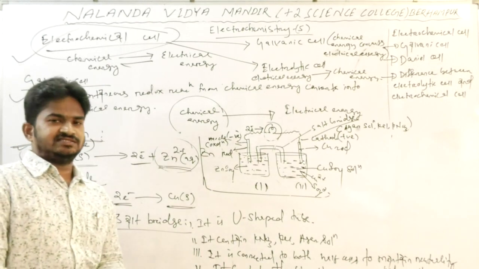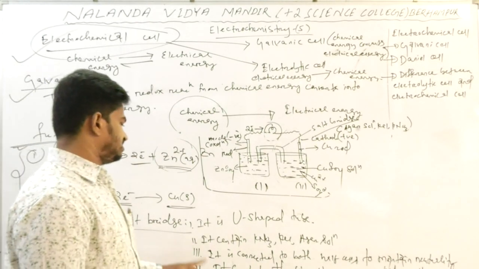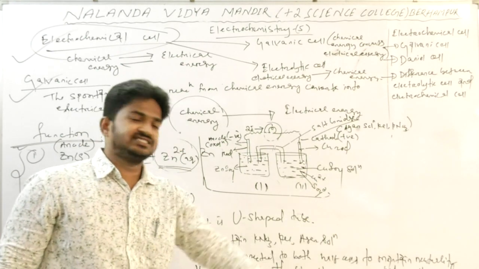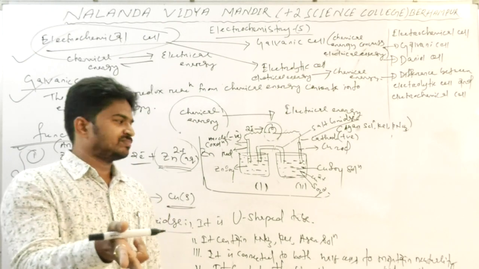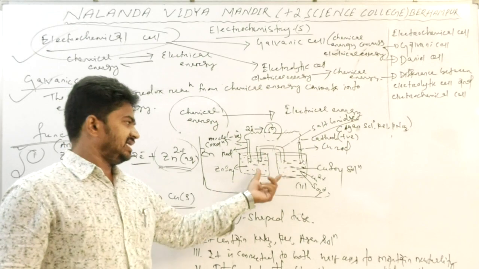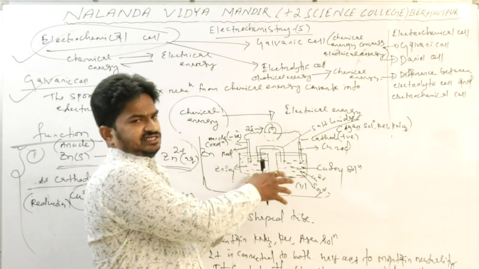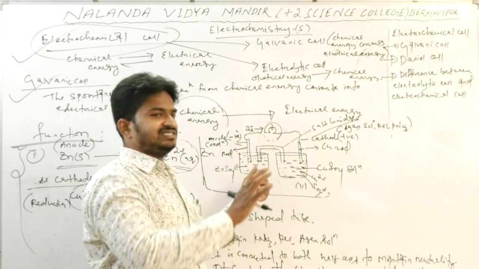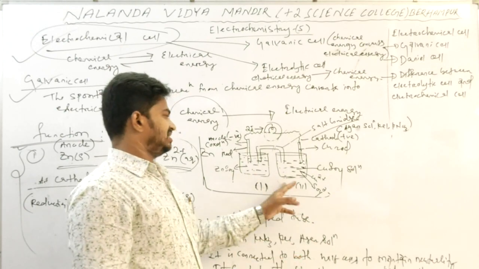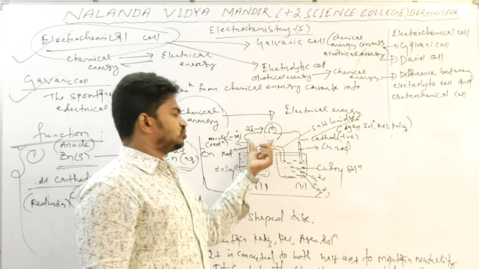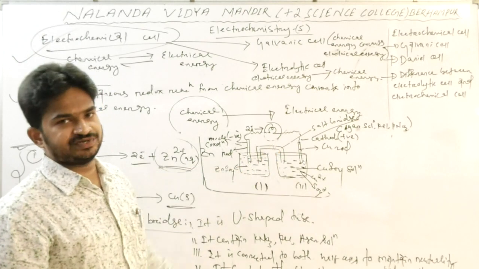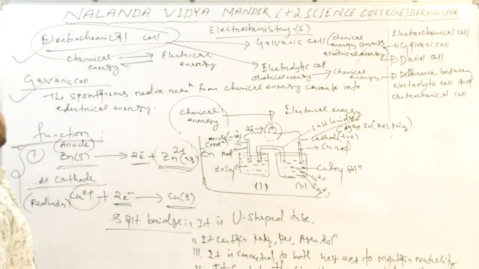The main use of the salt bridge is that it is connected to both the half cells to maintain neutrality between them, and it completes the circuit. If there is an excess of positive ions in one of the half cells, it will try to neutralize with some negative charge. Similarly, it also completes the circuit. So this is the use of the salt bridge in galvanic cells.